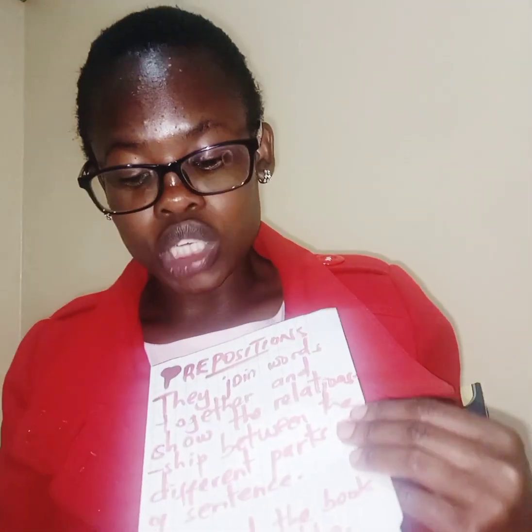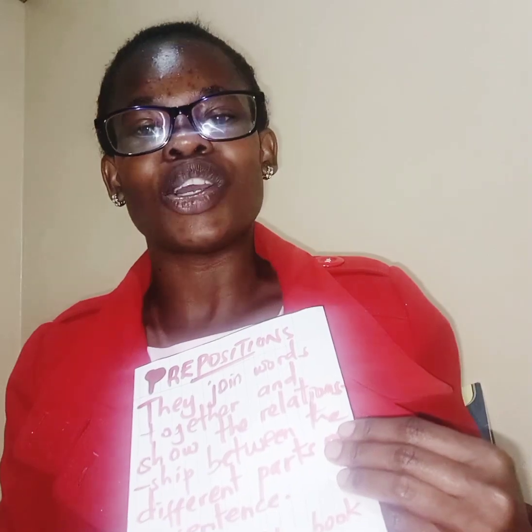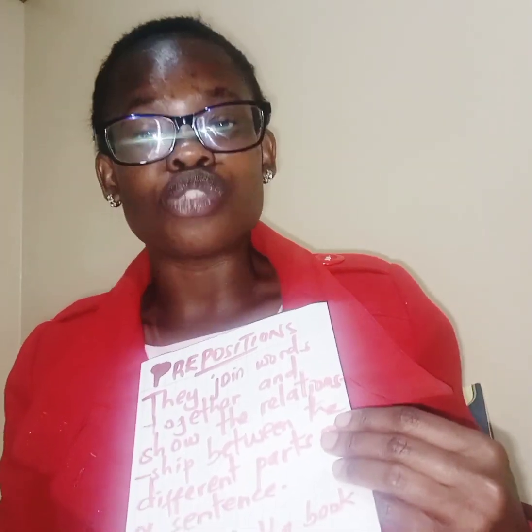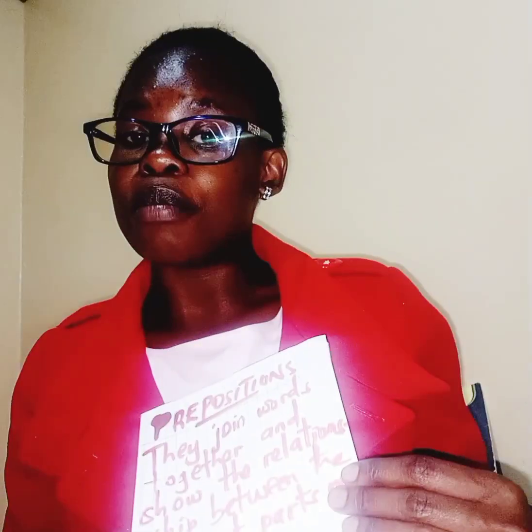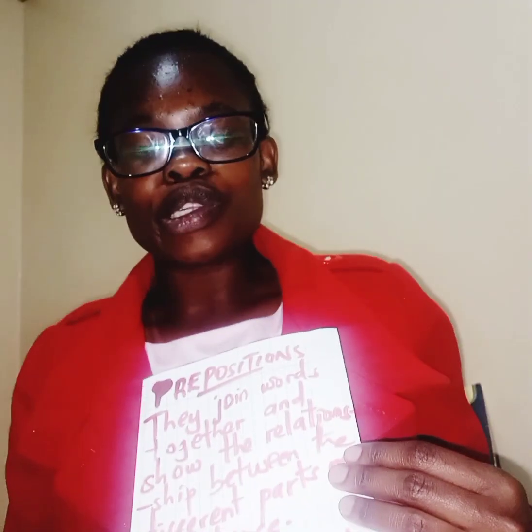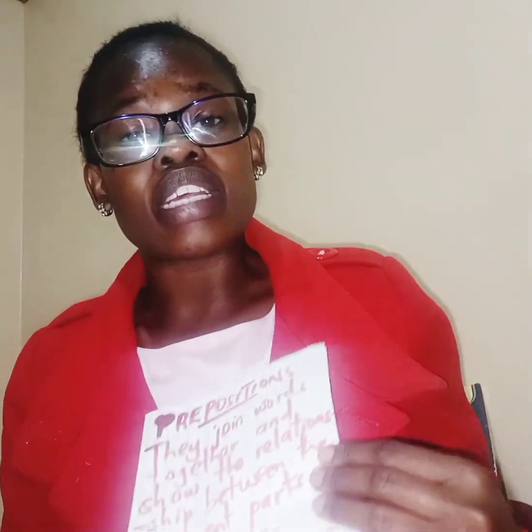First of all, please underline the word on. On has been used to join the words he found the book and the table. And also on has been used to show the relationship between the book and the table. And that is what prepositions do. They show the relationship between the different parts of a sentence.